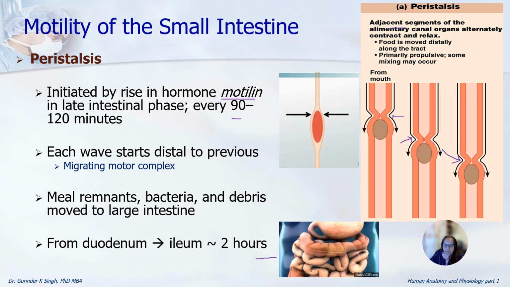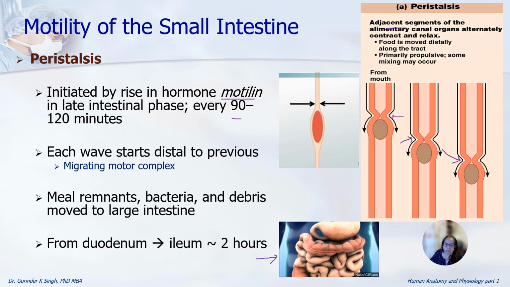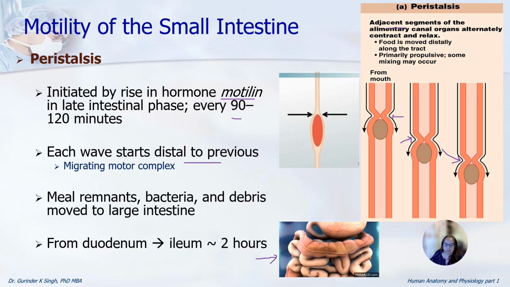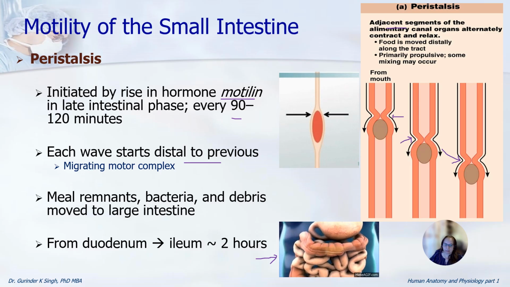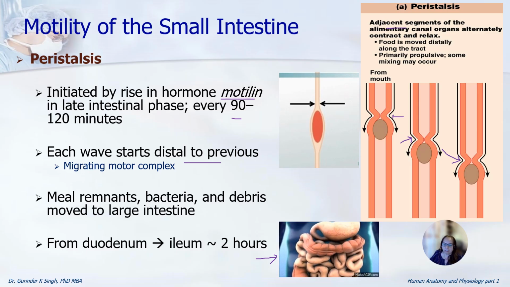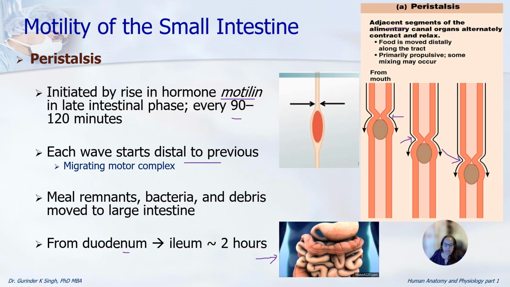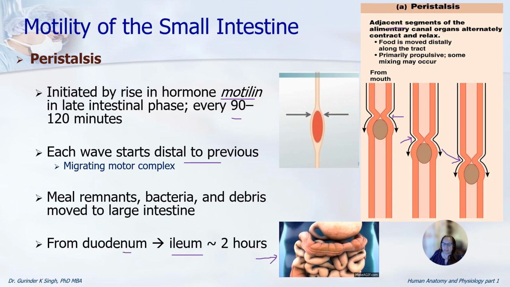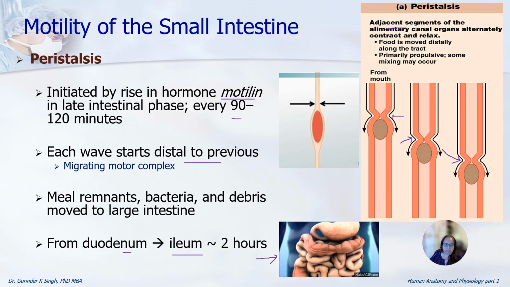If you look inside here, it's kind of a wave, and it starts from the distal to the previous areas, and all the meal remnants that we cannot digest, the bacteria, the debris, everything in the large intestine is moved like that. So things move from the duodenum to the ileum. Approximately it takes 2 hours for them to reach the large intestine.